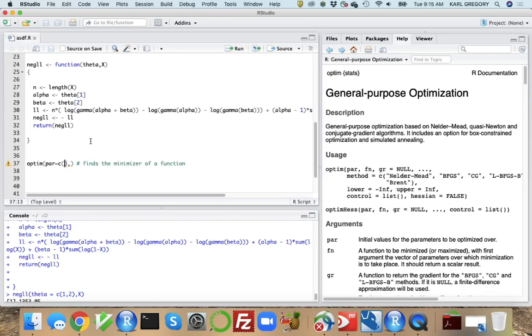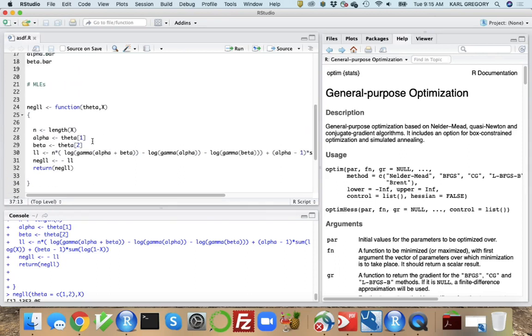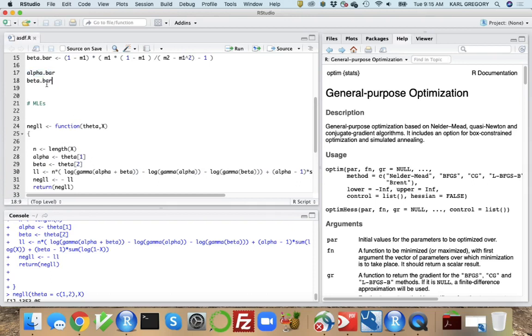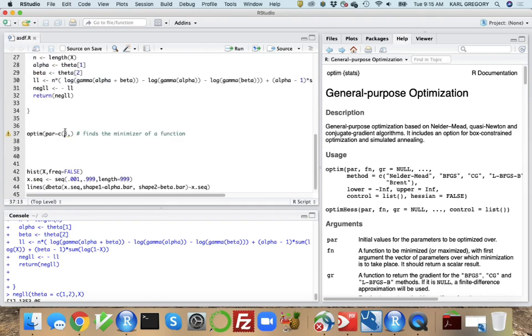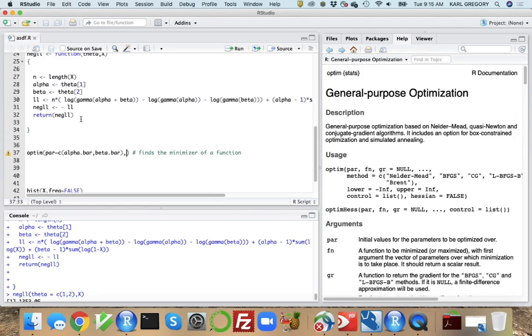So what's nice is that we've already computed our method of moments estimators. We could use those for the initial guess. So I'm going to put in a vector which has alpha bar and beta bar as the initial guess. So it's going to start there, and then it's going to look around for the minimizer of the negative log likelihood function.